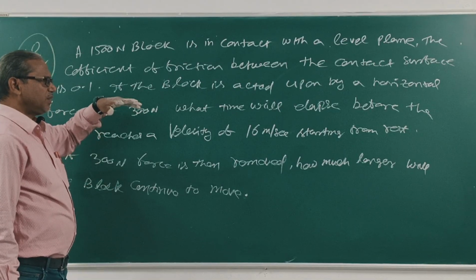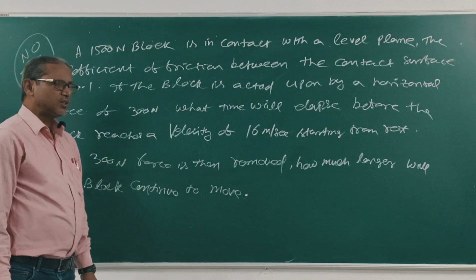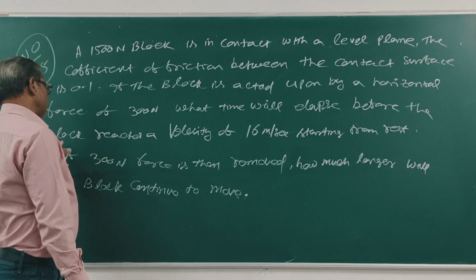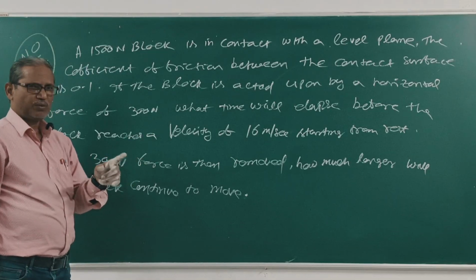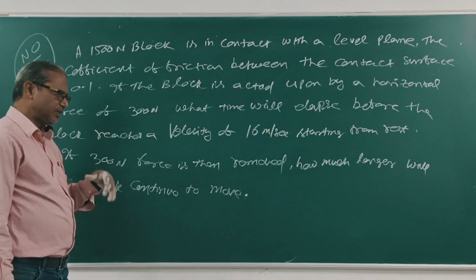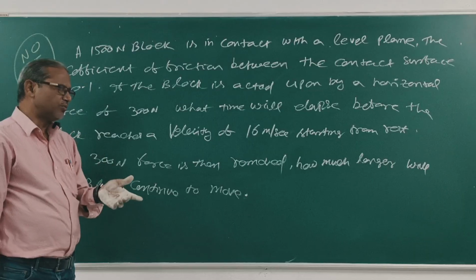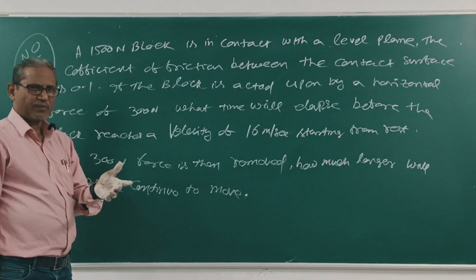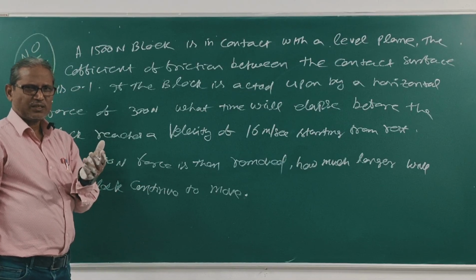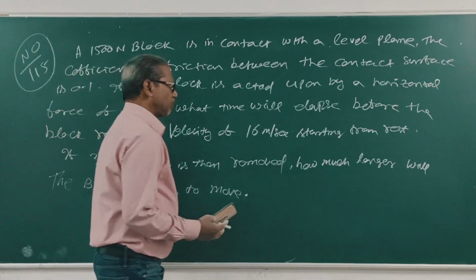If the block is acted upon by a horizontal force of 300 Newton, what time elapses before the block reaches a velocity of 60 meters per second, starting from rest? Again, if the 300 Newton force is then removed, how much longer will it continue to move, and how much distance can it move? Clear? First draw the figure, then I will solve the problem.